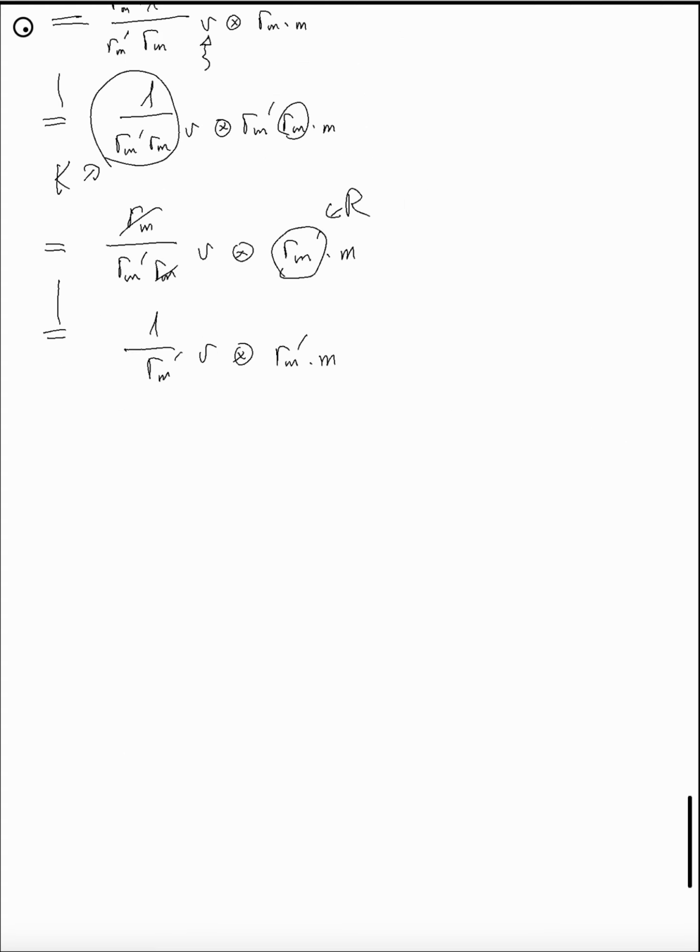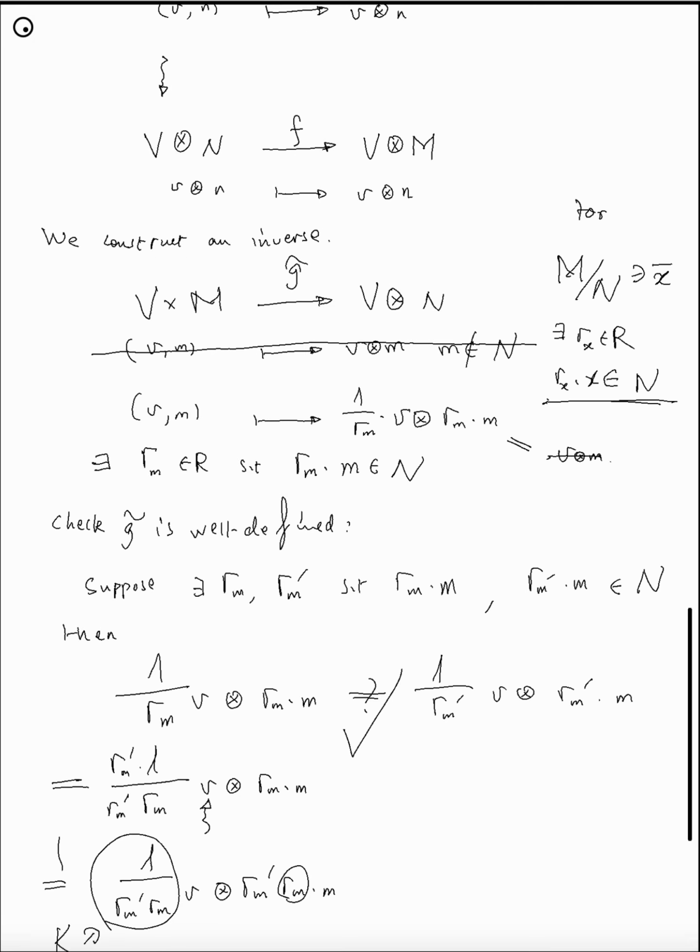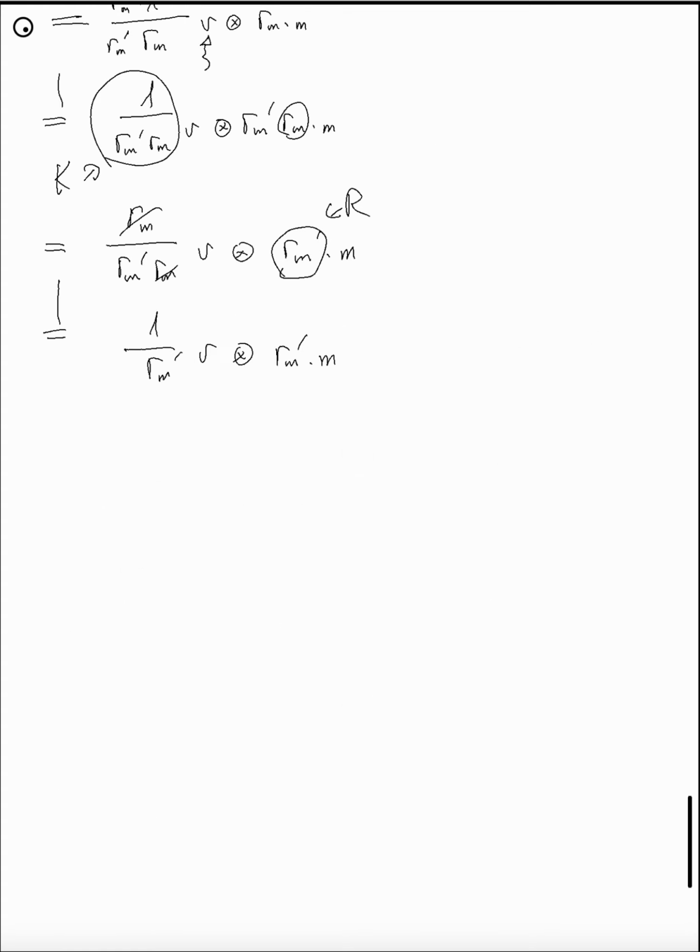Okay, so after we check this, of course both times we are talking about nonzero r_m prime. So then what do we check? We are going to define this map and then check it's R bilinear.